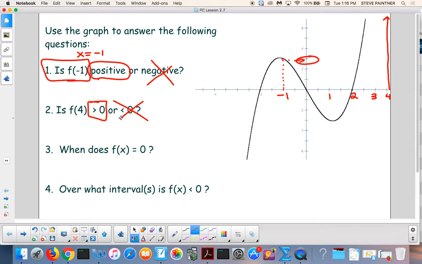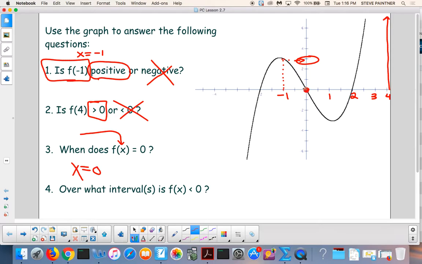Here it just said, is your answer to f of -1 positive or negative? When does your function f of x actually equal 0? What x value do you put in your function to get 0? I put 0 in, I get 0 out.